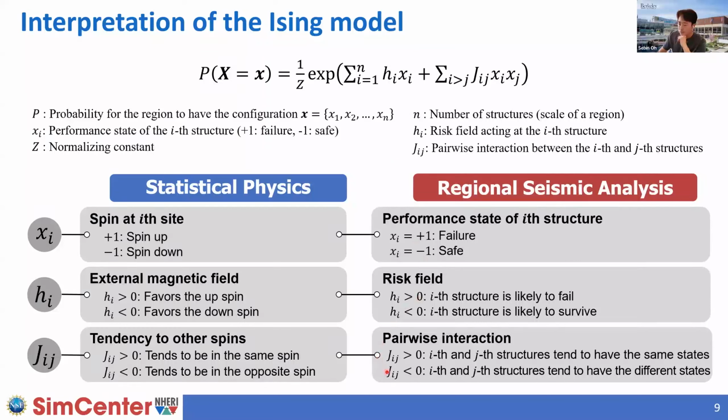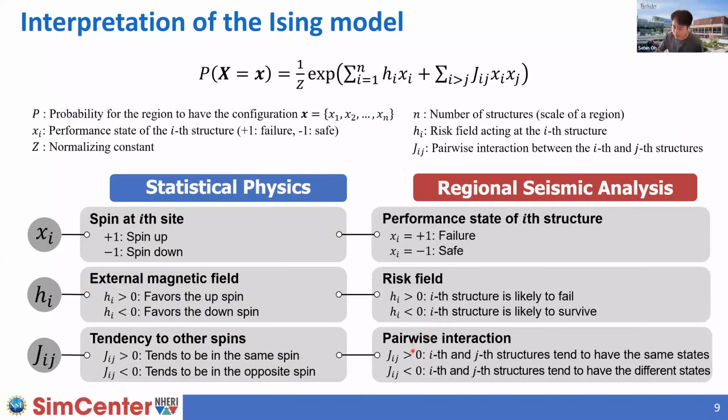Similarly, if Jij is positive, Xi and Xj are likely to have the same sign, meaning the same states. It means the ith and jth structures tend to have the same state, and vice versa for the negative sign, of course.